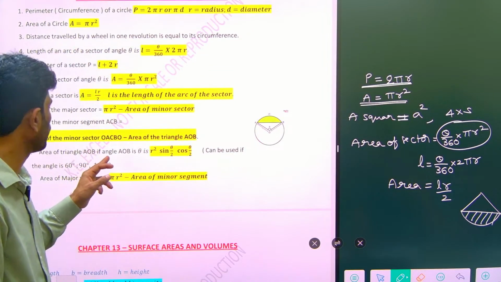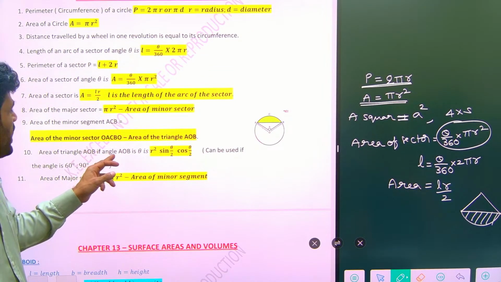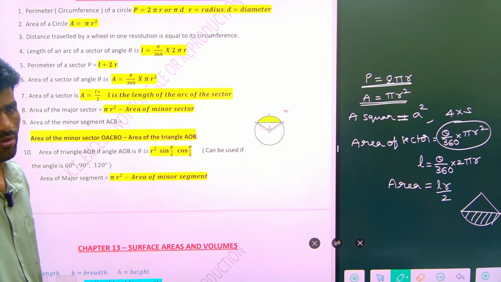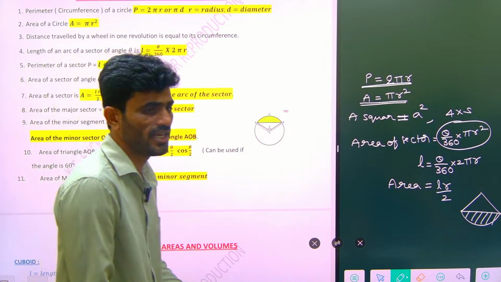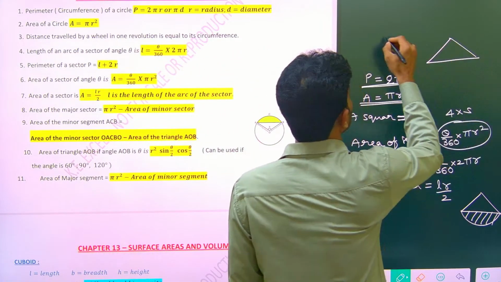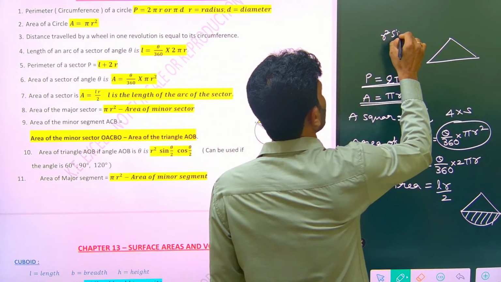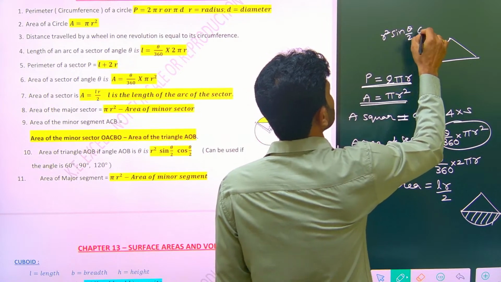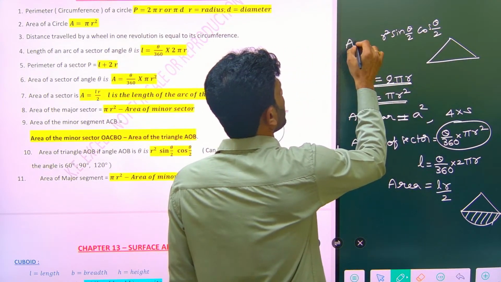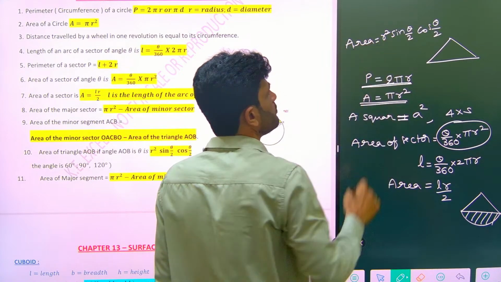Area of triangle AOB, if angle AOB is theta, is r square sin theta by 2 cos theta by 2. Means for any angle, we can follow that, for any type of triangle.